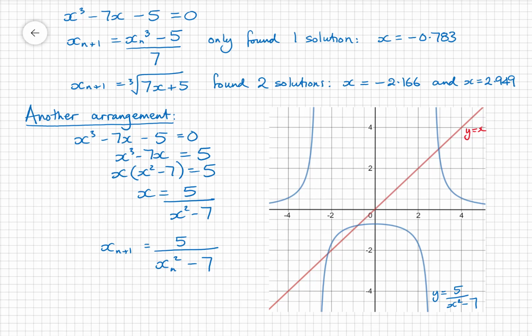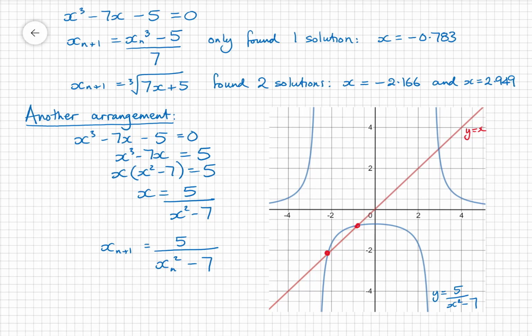You will also perhaps notice that we're not going to be able to find the solution minus 2.166, because there, as we've seen before, the gradient of the curve is greater than 1, being steeper than the line y is equal to x.